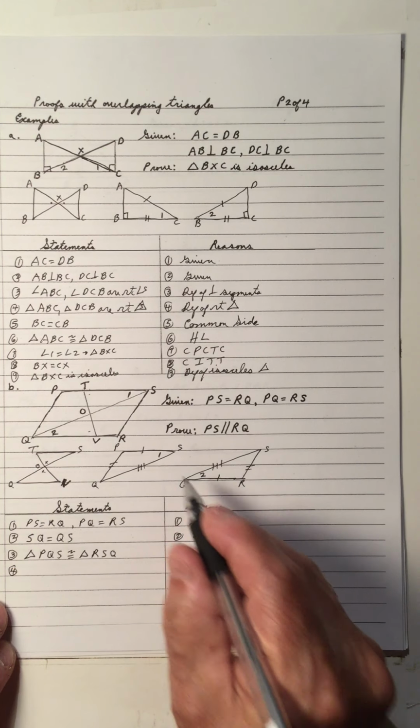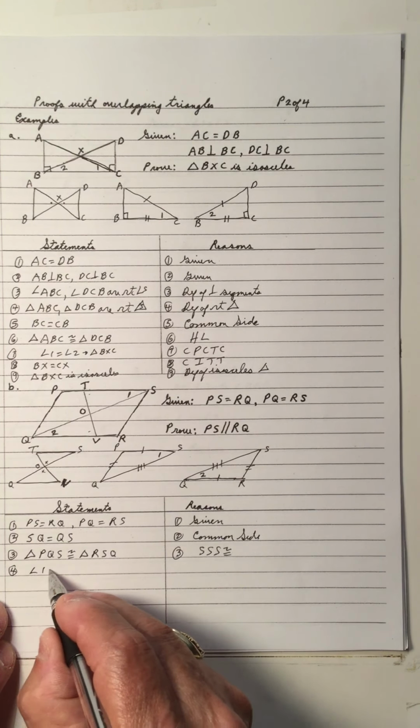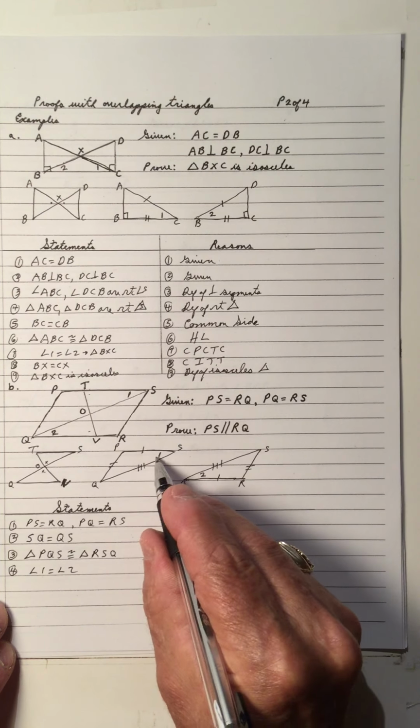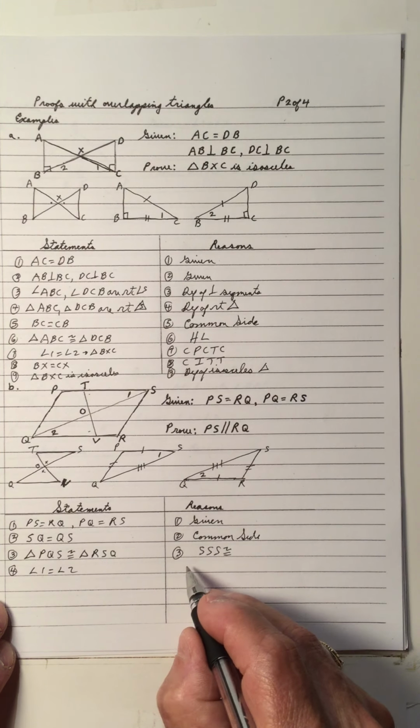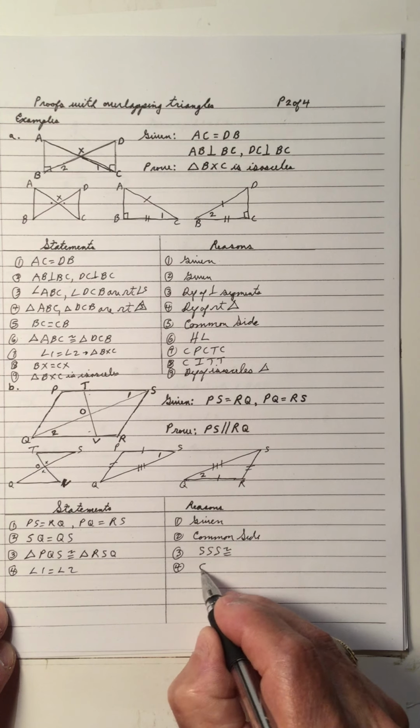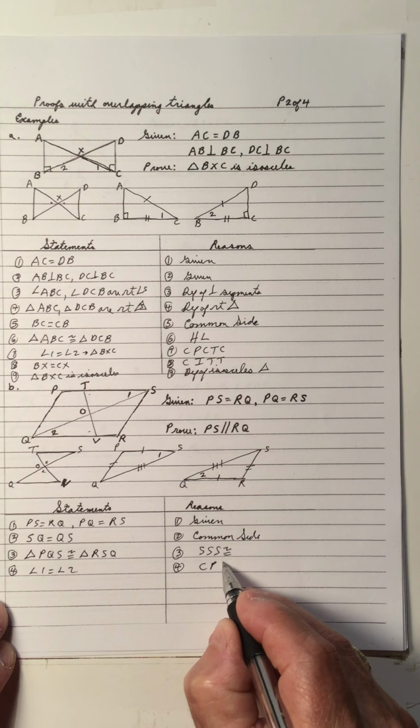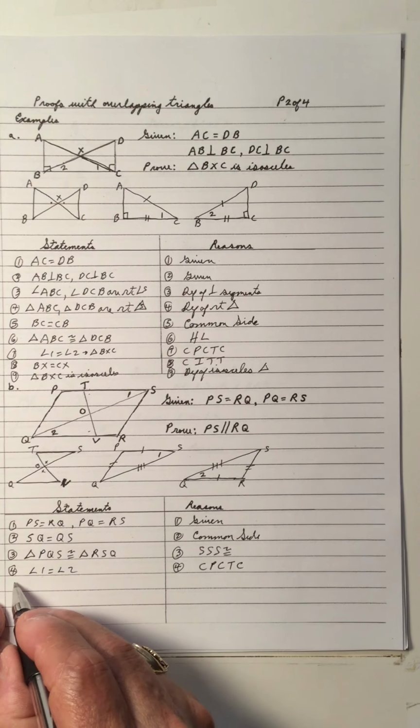And as a result, we have angle 1 equals angle 2. Angle 1 is equal to angle 2. And that's corresponding parts of congruent triangles congruent.